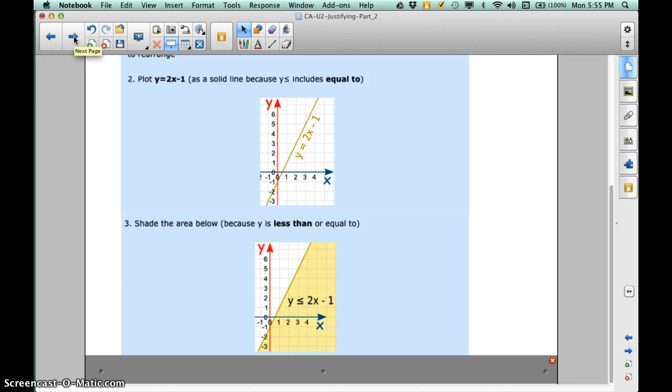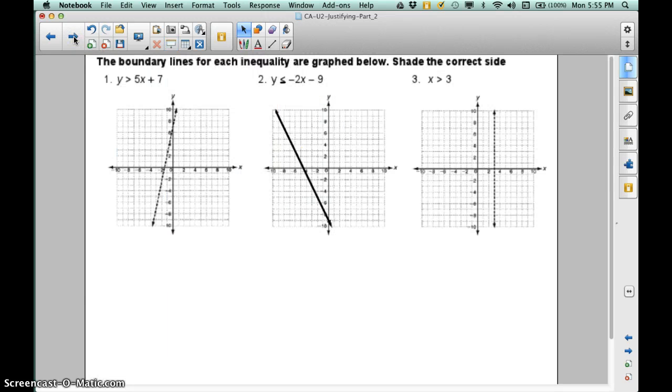We'll practice this in class, but first we're going to focus just on partially drawn graphs. The boundary lines, which is the line itself, is already drawn for each of these 3 inequalities. I want you to pause the video and just shade the correct side of the inequality.